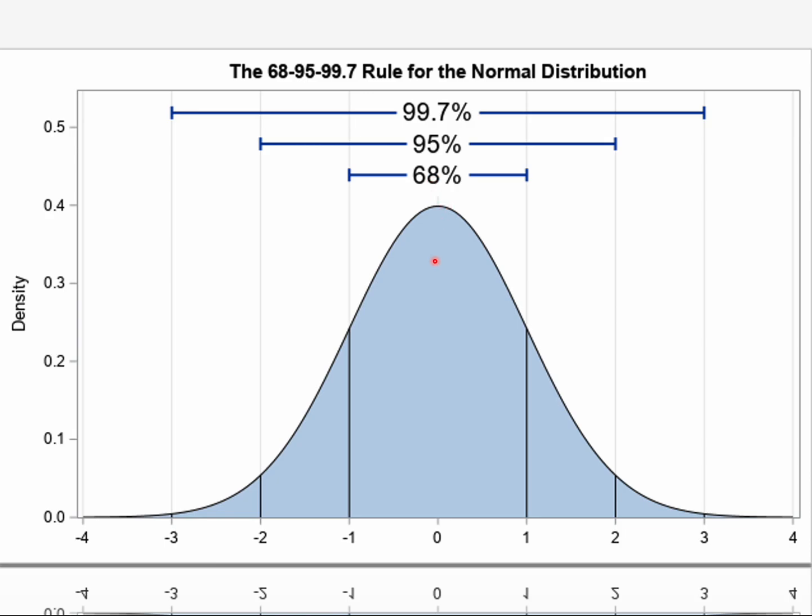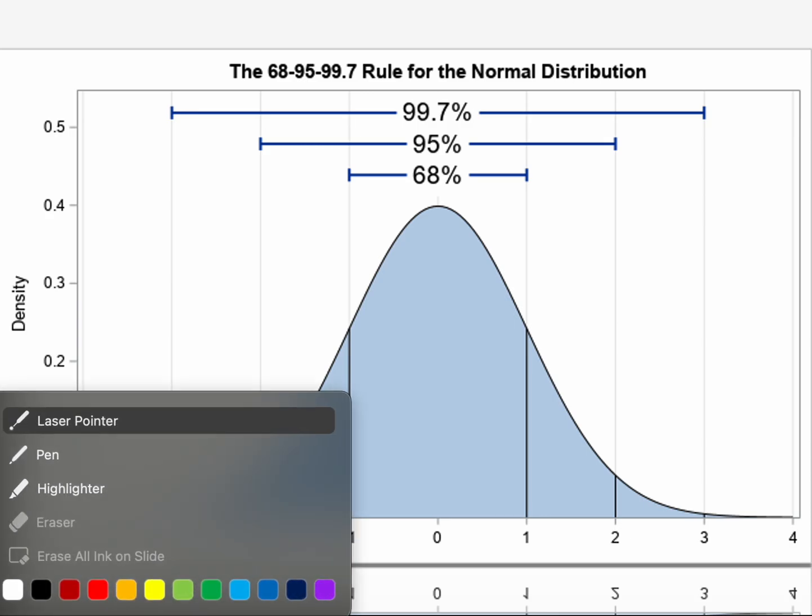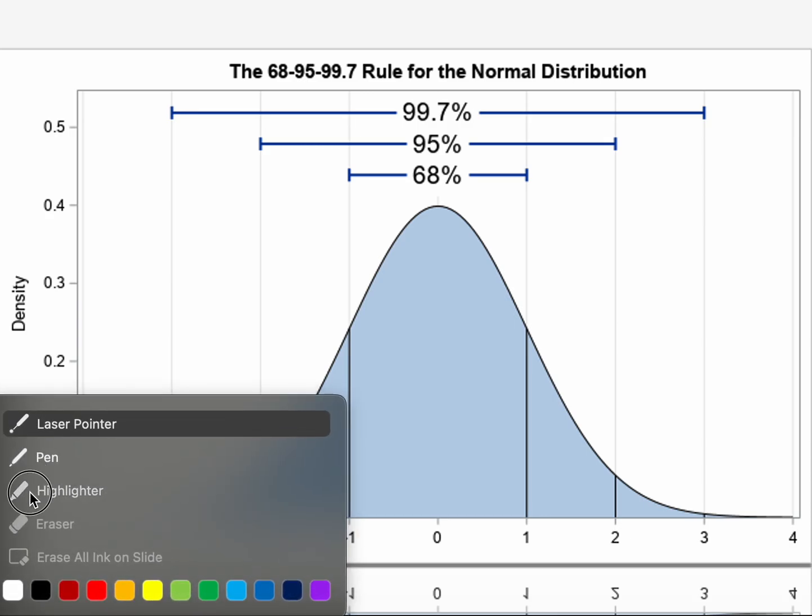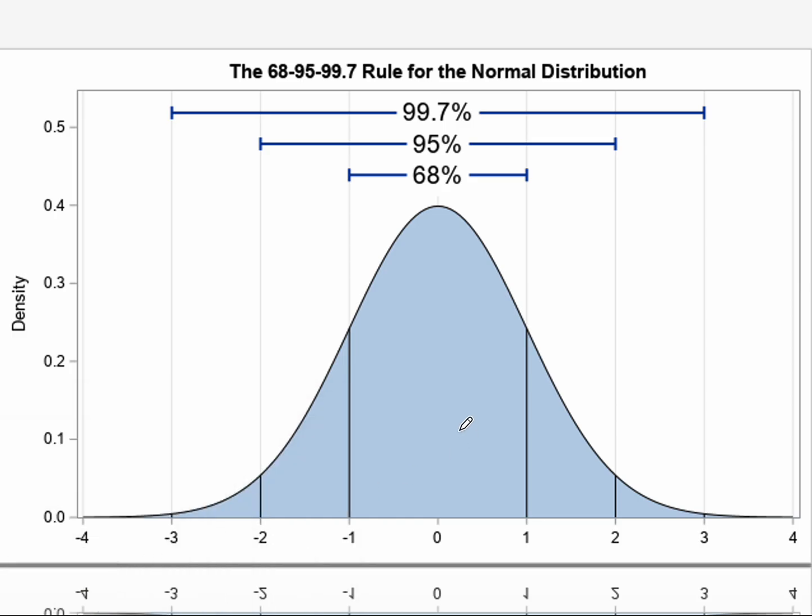On a normal distribution, 68% of all scores will be within one standard deviation of the mean. As you can see, it gets much harder as you go out toward the extremes.